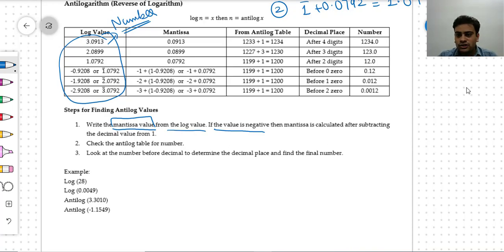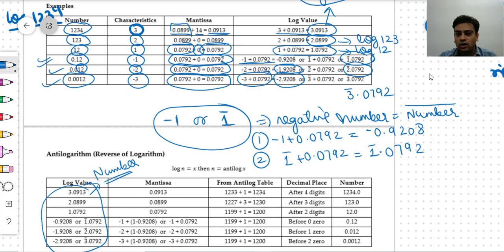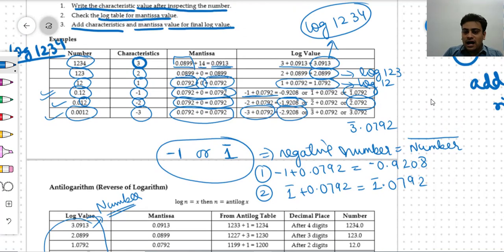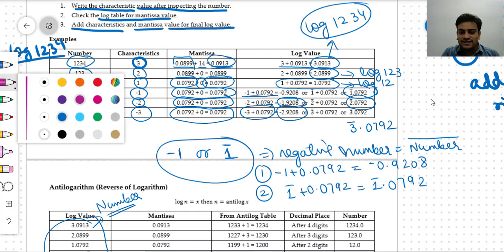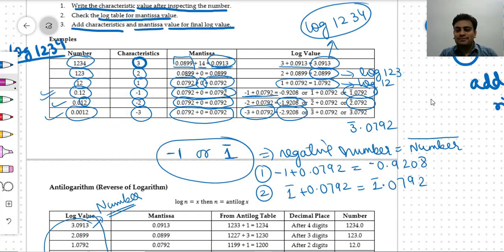Clear? If you look at the previous examples in the logarithm values, you can see the value after the decimal point is basically your mantissa value. If your log value is positive, then whatever value you have after the decimal point is your mantissa value. In the first case, your log after the decimal is 0.913, which is the same as your mantissa value.